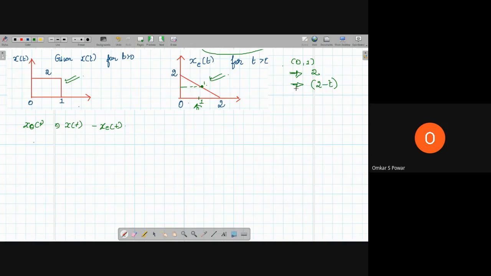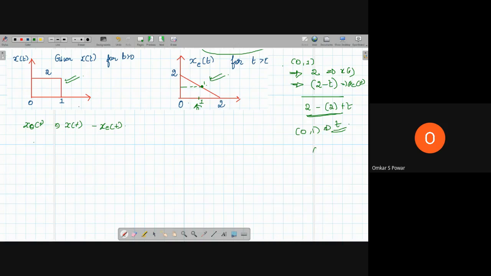Now we have to subtract this from x of t. So x of t minus x e of t from 0 to 1: 2 minus 2 plus t, you will end up with t. So this is for 0 to 1.